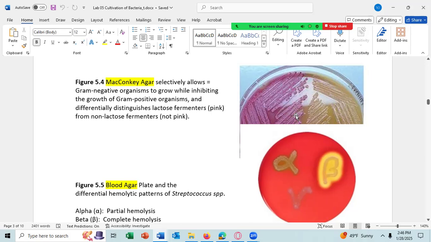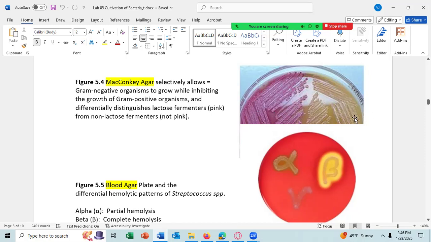lactose fermentation. If the organism can ferment the sugar lactose, it'll lower the pH and become acidic, and that will change the color to pink. Both the growth will be pink, and then the plate around the growth will also be pink.